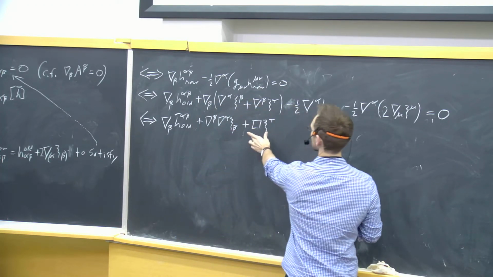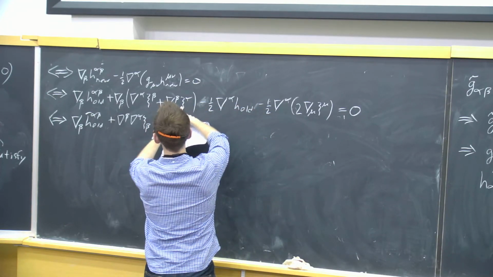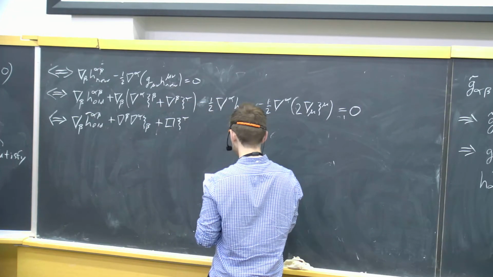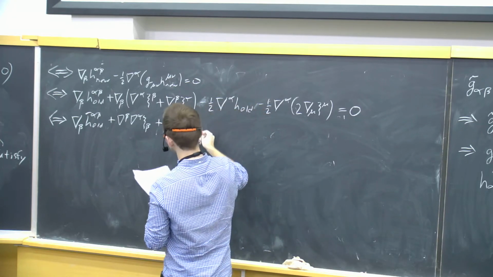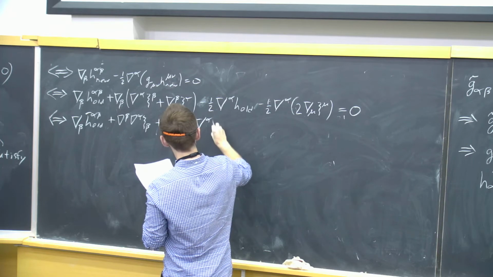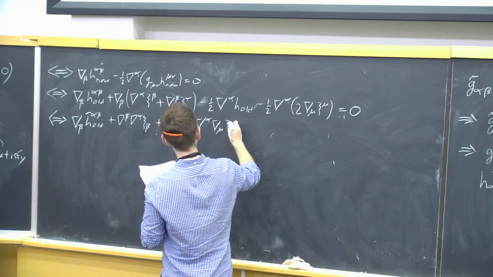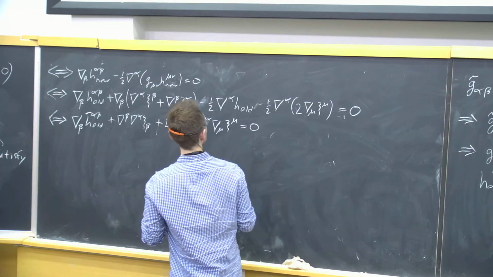So this box of xi alpha is this term here, this gradient contracted with a gradient, minus grad alpha acting on the divergence of xi is all equal to 0.